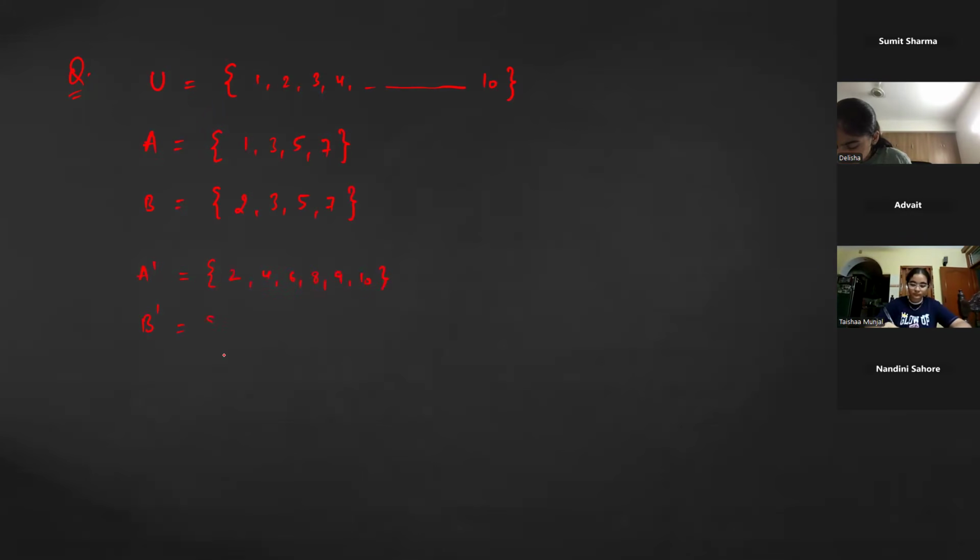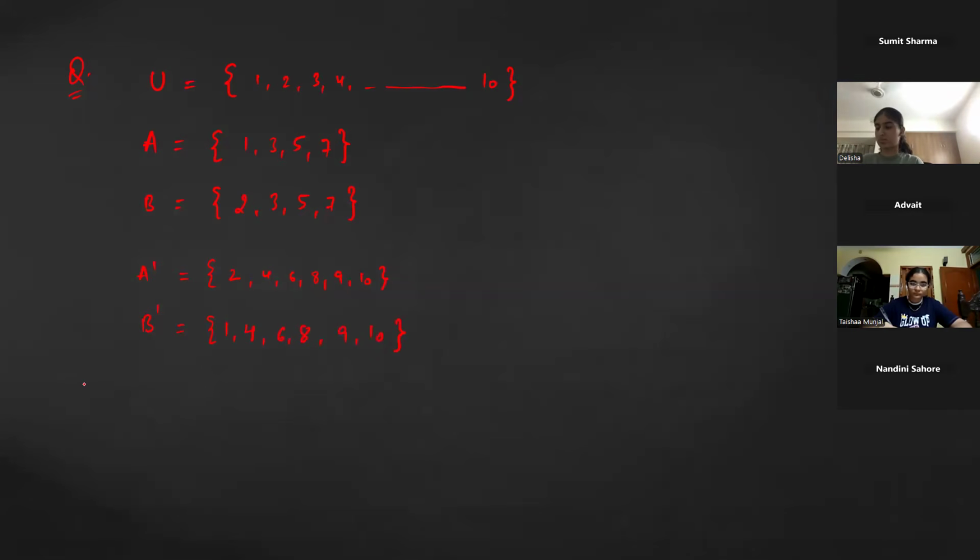These are the elements in A complement, and similarly B complement are the elements of U except B. So it will become 1, 4, 6, 8, 9, and 10. Right? So these are the elements in B complement.